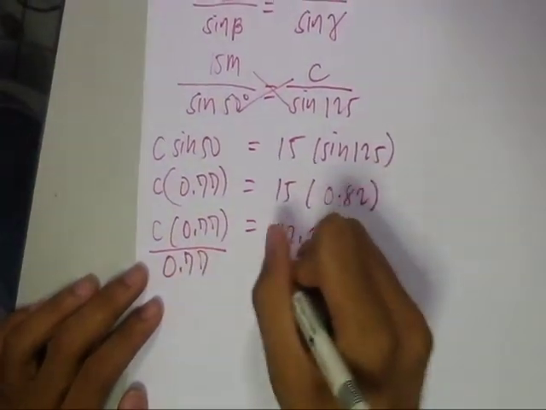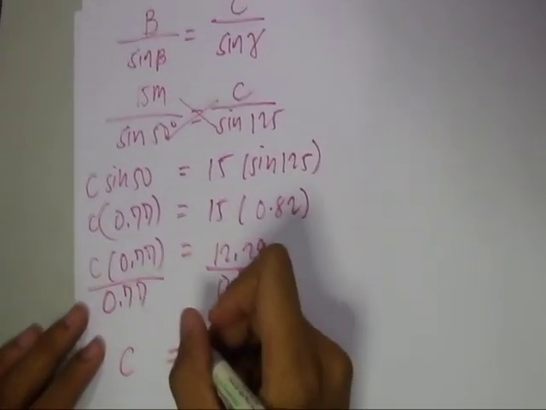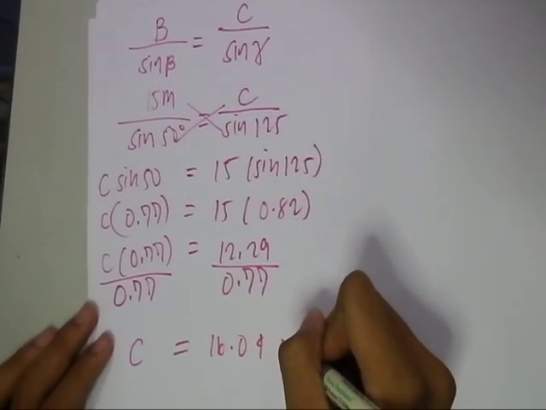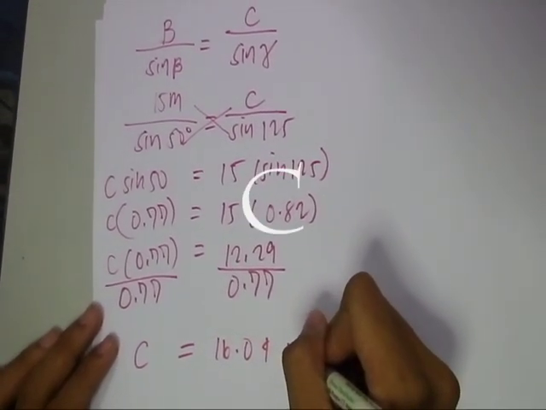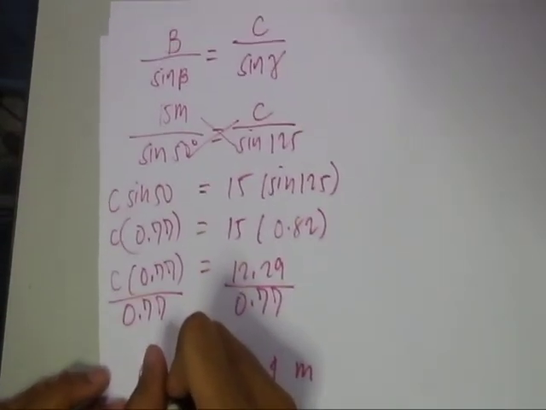Divide both sides by 0.77. So C is equal to 16.04 meters. That's how you get side C.